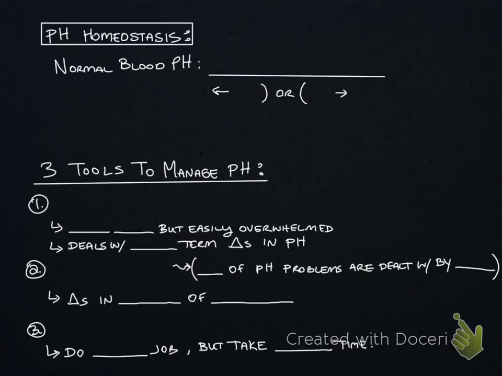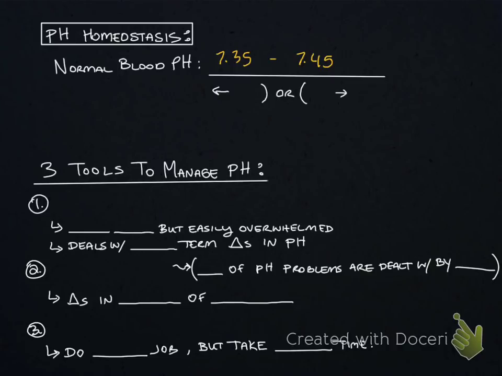Now we get to talk about pH. You excited? Yeah, so excited. Okay. What'd y'all learn normal blood pH as? So yeah, probably 7.35 to 7.45, right?